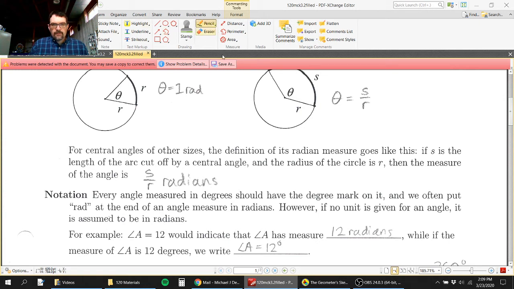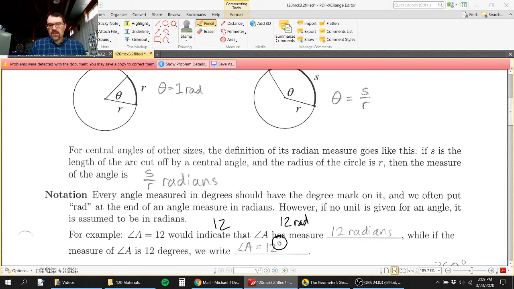Here's our little degree mark. For radians, sometimes we'll write rad after it, so you might write 12 rad. But if we say an angle just has a measure of 12 and we don't put any unit after it, the assumption is that we're talking about radians.